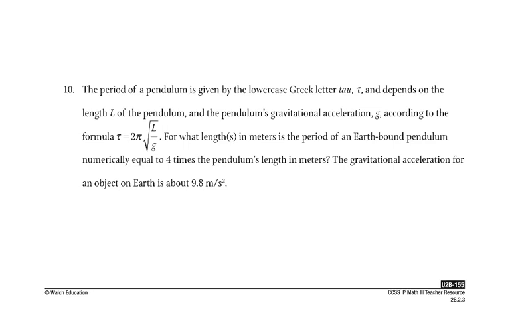Okay. Is the period of an earthbound pendulum numerically equal to 4 times the pendulum's length? So we go 4 times L. We want to know when that's equal to this, right?